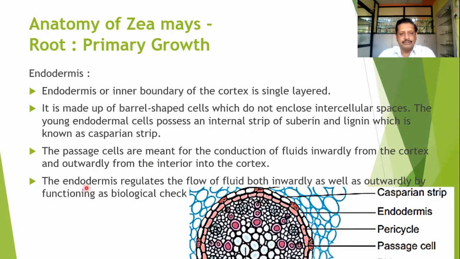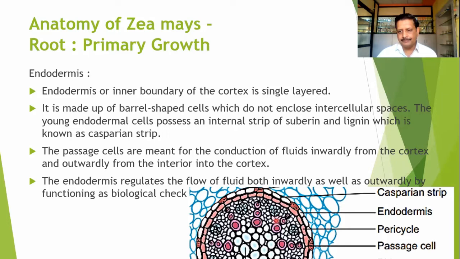Then the endodermis regulates the flow of fluid both inwardly and outwardly by functioning as a biological check. The work of the endodermis is to maintain the fluid flow. So fluid flow is maintained by the endodermis here.